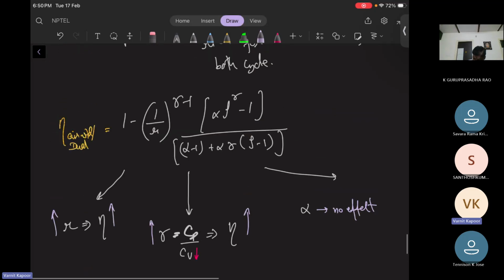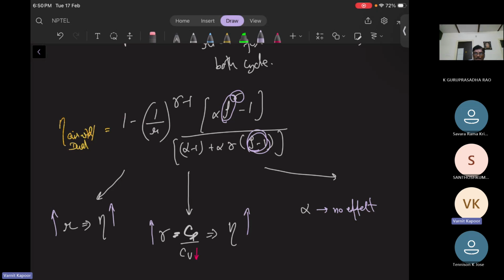So when your rho increases, what happens? If you see in this term, rho is in the numerator as well as in the denominator. But in the numerator it is in terms of power of gamma, and gamma itself is always greater than 1. So it has a higher power in the numerator compared to the denominator, where the power is 1.